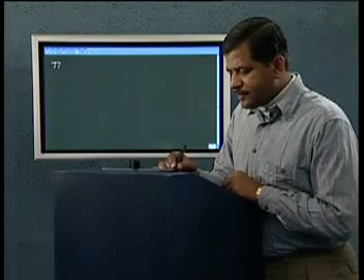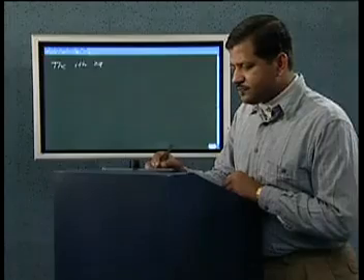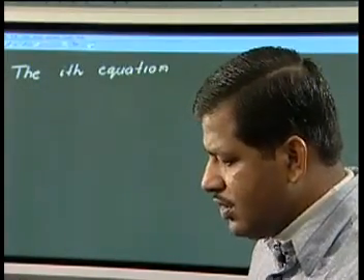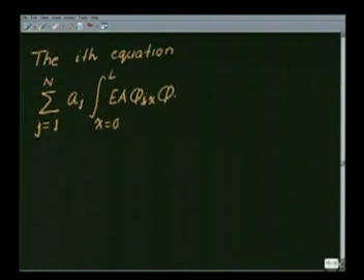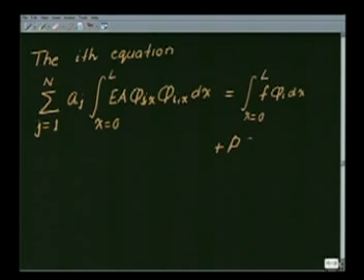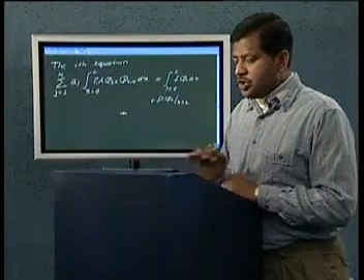The ith equation will be summation of j equal to 1 to n of aj integral x equal to 0 to L of ea phi j comma x phi i comma x dx, equal to integral x equal to 0 to L of f phi i dx plus p phi i evaluated at x equal to L, plus a part which will come, remember, from your un of x.